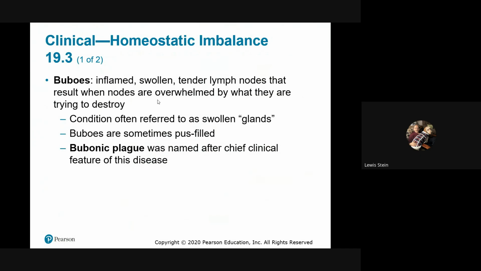Inflamed lymph nodes that became necrotic, blackened, and dead were called buboes. Because that's what plague was characterized by, that's where we got the name bubonic plague. It's a bacterial infection that is carried to you by flea bites. The rats carry it in their bloodstream, which is why rat control is the issue.